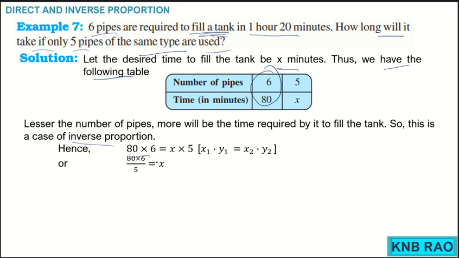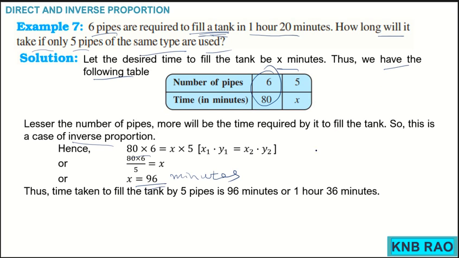So 80 into 6 by 5 equals x. On simplification, it gives 96 as the value of x. That means it takes 96 minutes, or 1 hour 36 minutes, as the time taken by 5 pipes to fill the same tank.